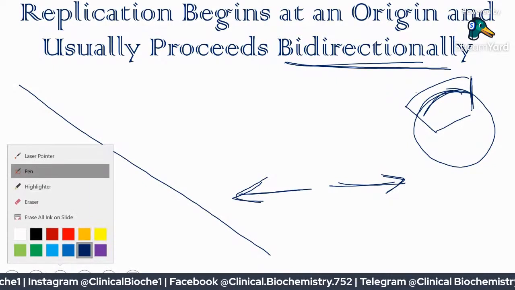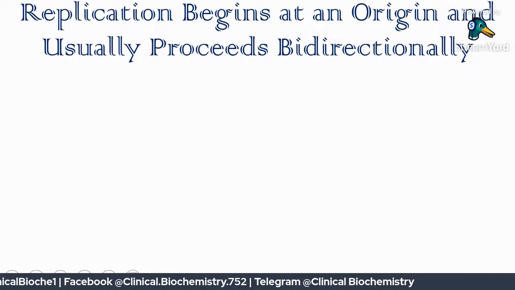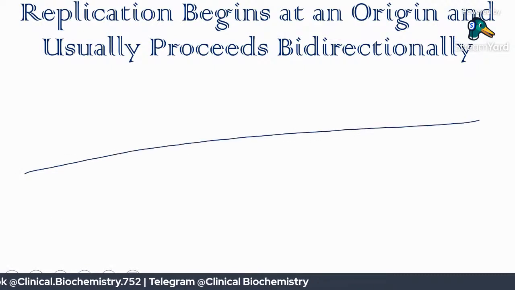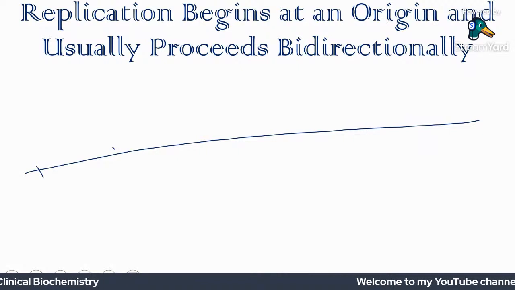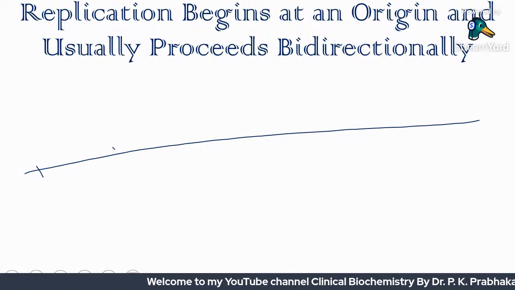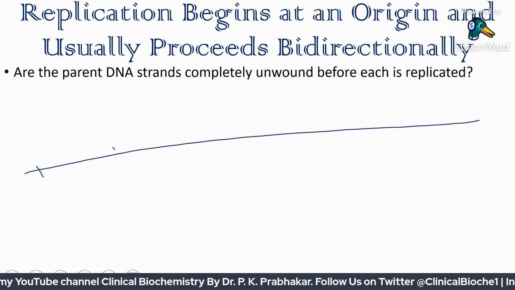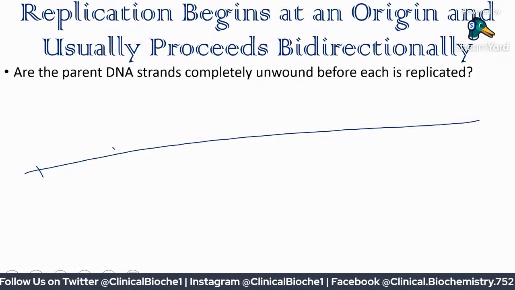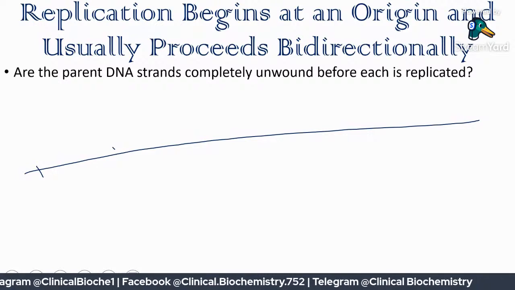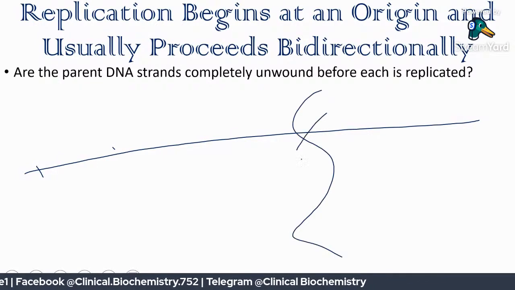Tell me one thing, where does replication occur? If this is my DNA, does it occur randomly at any place, or is there a specific place from where replication initiates? Origin of replication site, sir. Origin of replication. Okay. So replication does not occur randomly. There is a predefined location on the DNA from where it is going to unwind, because DNA is double stranded and helical.